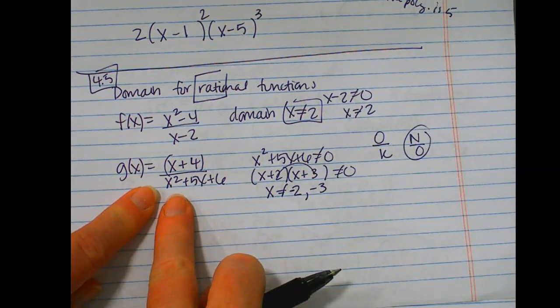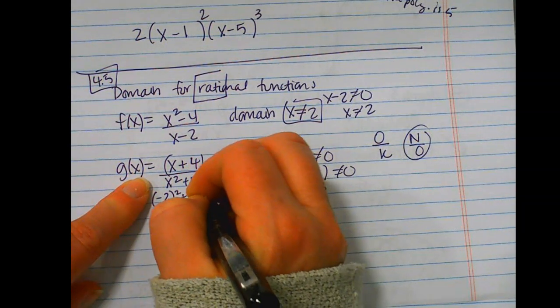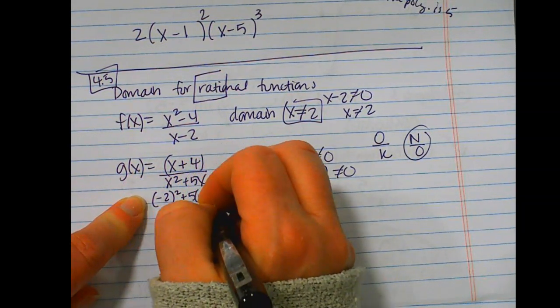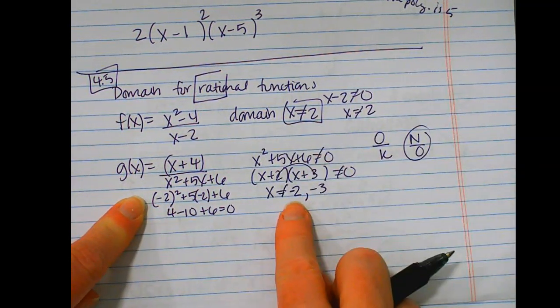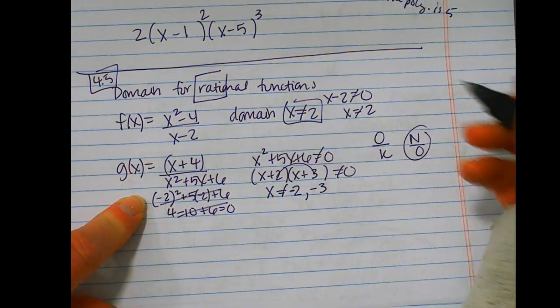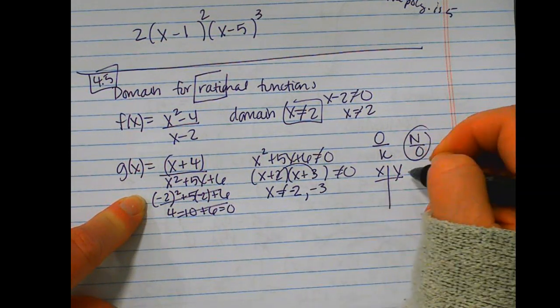Because if you plug that in, negative 2 squared plus 5 times negative 2 plus 6, that would be 4 minus 10 plus 6. That's 0, right? So it's not allowed. You couldn't have negative 2. It would make 0 in the bottom. So what we know is if we were going to make some big elaborate XY chart, we wouldn't put negative 2 and negative 3 in there.